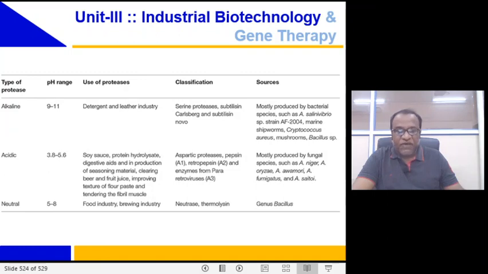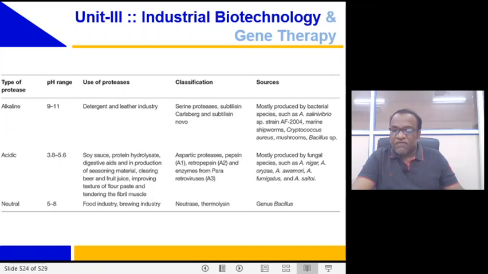They are classified as aspartic proteases and pepsin, retropepsins, and are mostly produced by fungal species such as Aspergillus niger, Aspergillus oryzae, and so on.